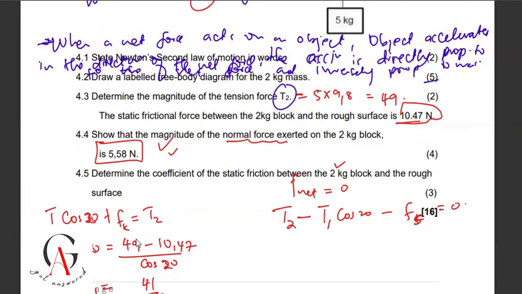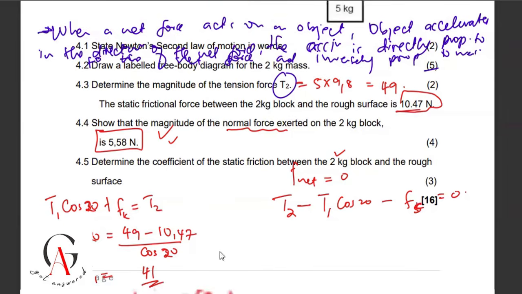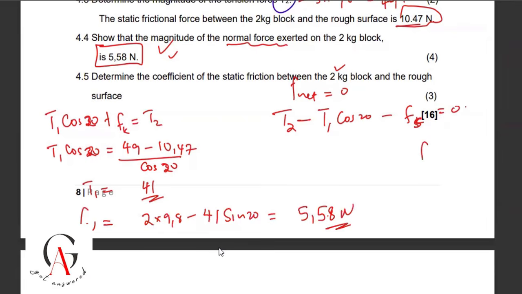It's supposed to be Fs for static friction. We have what T2 is, so we need Fs. That's going to be T2, which we got as 49, minus 41 cos of 20.